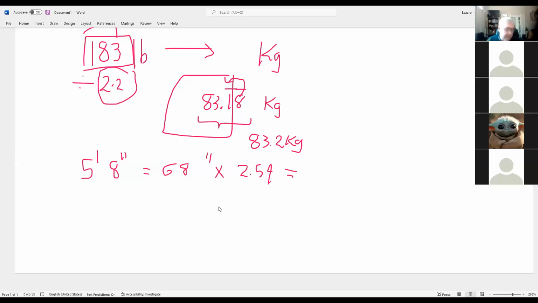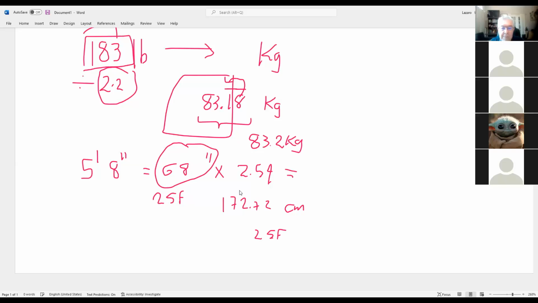Then if you multiply 68 inches by 2.54, it will be 172.72 centimeters. The unit is very important. Don't forget to write the unit. Well, is this the answer? No. Since I began from 2 significant figures, I have to report 2 significant figures.